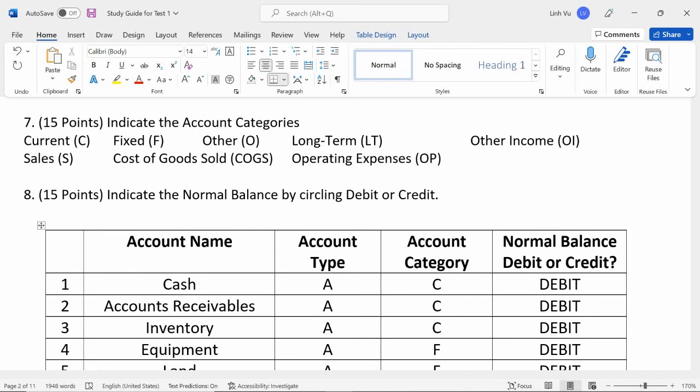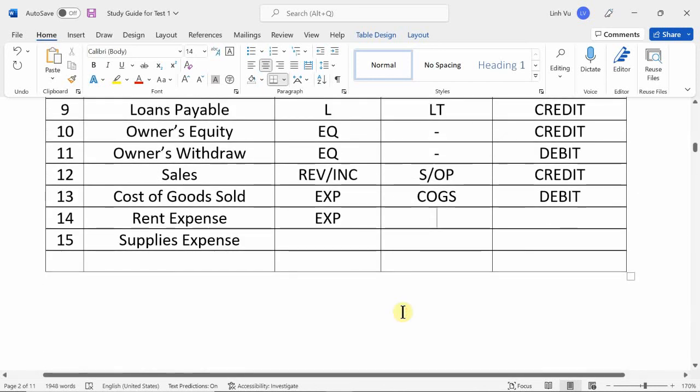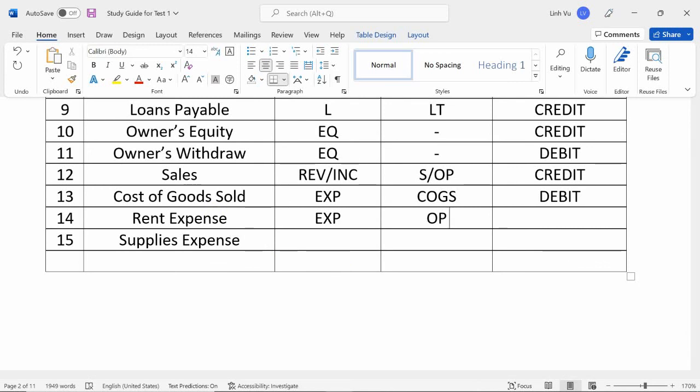What are your options? Is it operating? Yes, right. You need to have rent in order to operate your business, right? Right? And what kind of balance would this have?